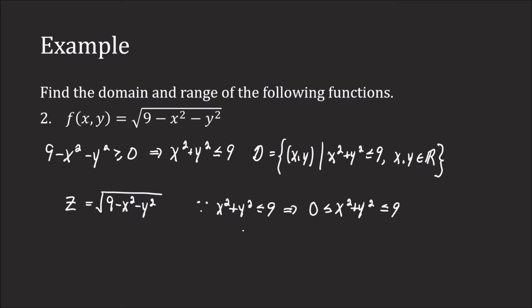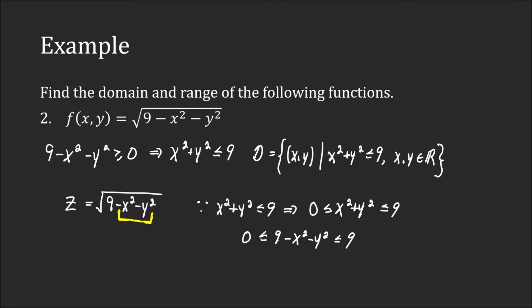This would mean that 0 is less than or equal to 9 minus x squared minus y squared, less than or equal to 9. So this value right here would be between 0 and 9.